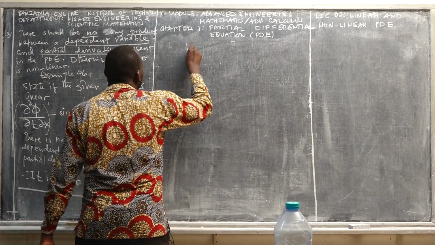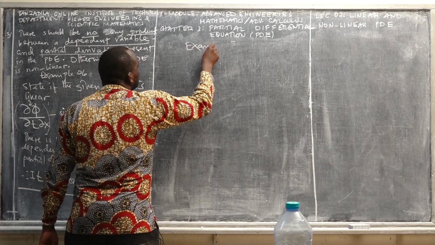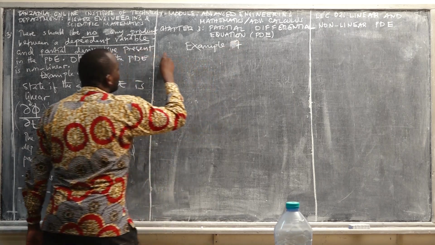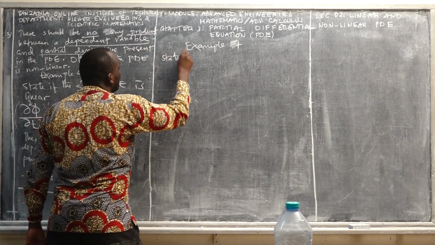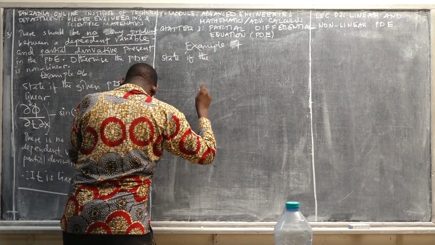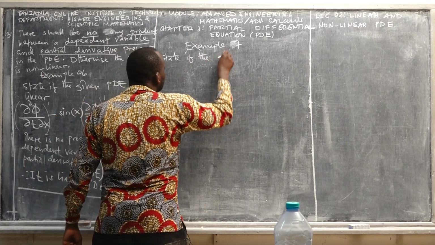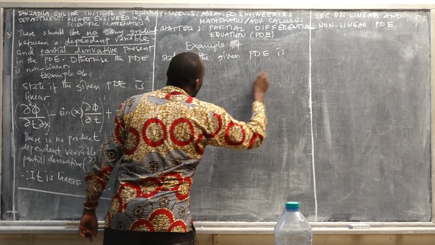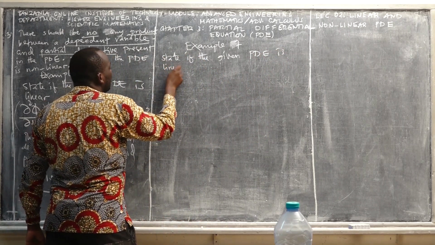Example 7. State if the given partial differential equation is linear.